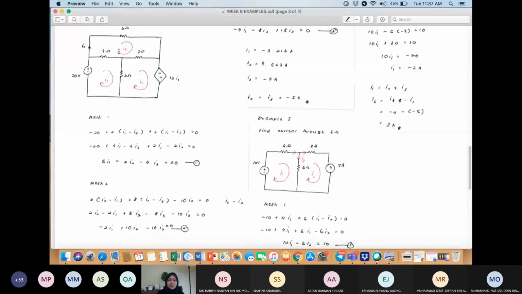That's why I put here I0 equals I3. So you change I0 to I3, then you get this equation: negative 2I1 plus 10I2 minus 18I3 equals 0.